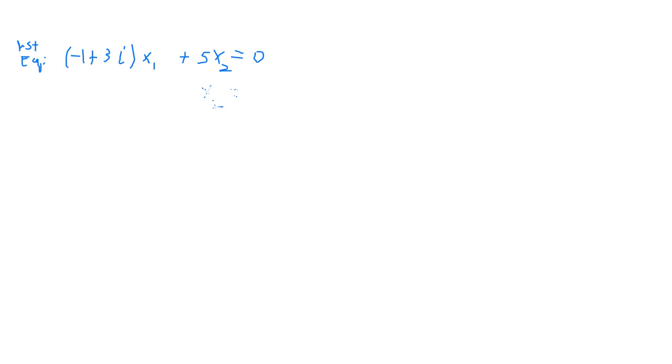So I'm going to solve it for x1. So x1 would have to equal -5x2 all over -1 plus 3i. We're dividing by a complex number.